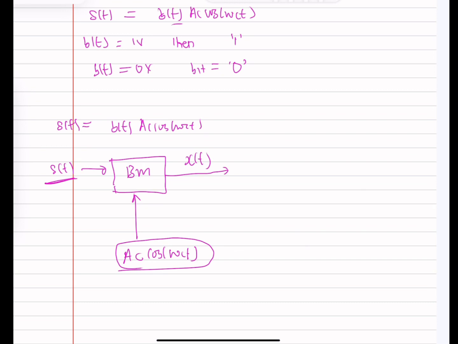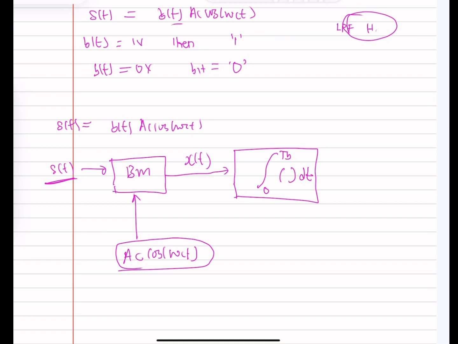So in digital demodulation, we are not going to use, as in analog modulation, a low pass filter, high pass filter, or band pass filter. For digital modulation, our filter is represented by an integral from 0 to TB of the signal multiplied by dt.